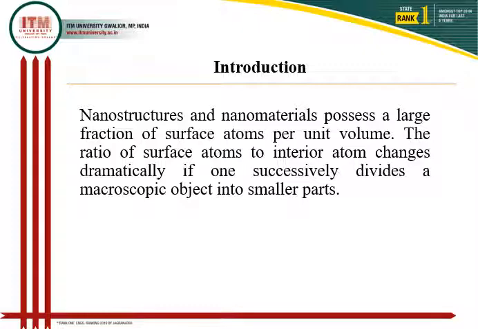So most of the atoms are on the surface in this case. And this is the reason that the ratio of surface atoms to interior atoms changes dramatically if we successively divide a macroscopic body into small parts. And this change ultimately results in dramatic properties of these nanostructures.